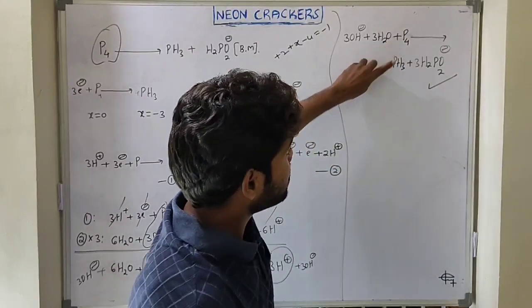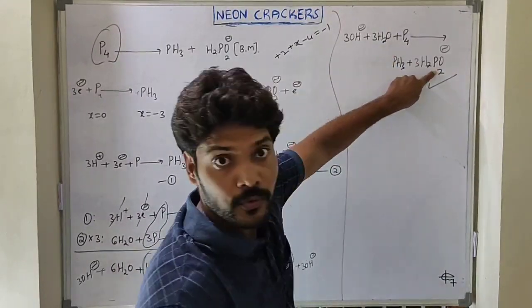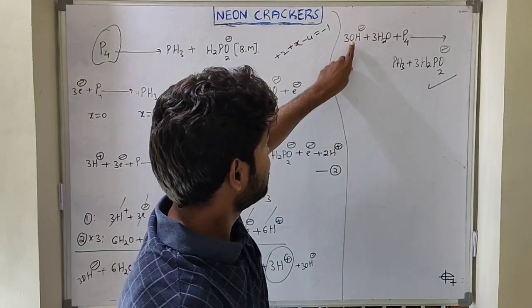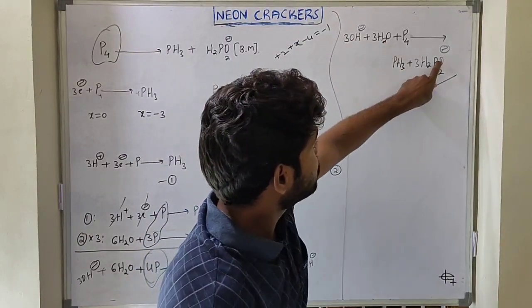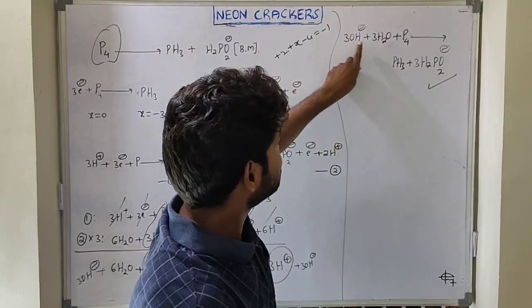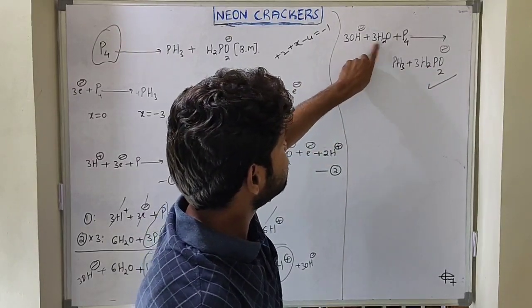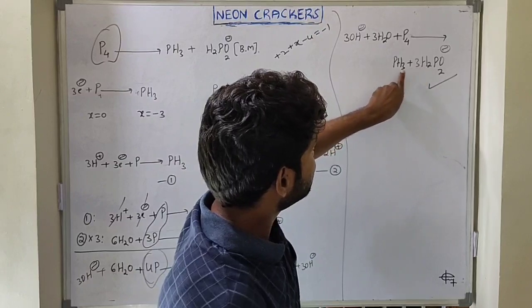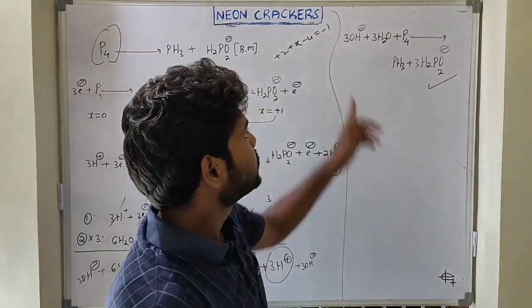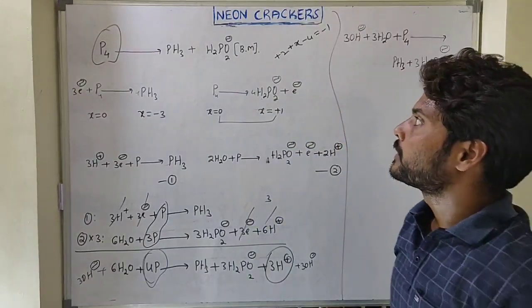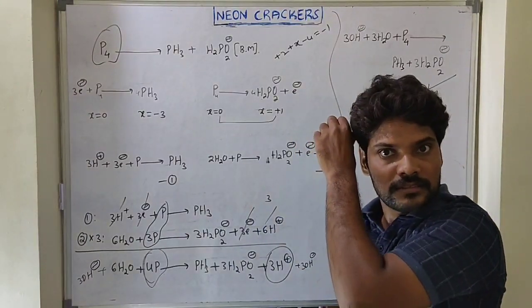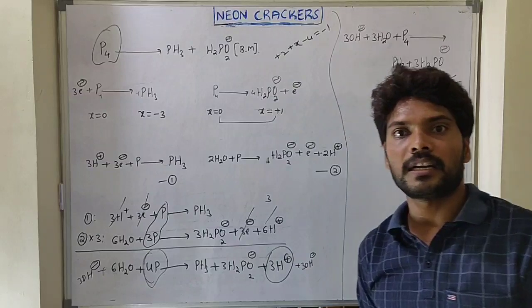Phosphorus: 4 atoms on the left, 1 plus 3, 4 phosphorus atoms on the right. Oxygens: 6 oxygens, O2 into 3. Hydrogen: here 3, here 6, 9 hydrogens; here 6 and here 3, 9 hydrogens. So everything is balanced. And this is about balancing a redox reaction which contains a polyatomic molecule.